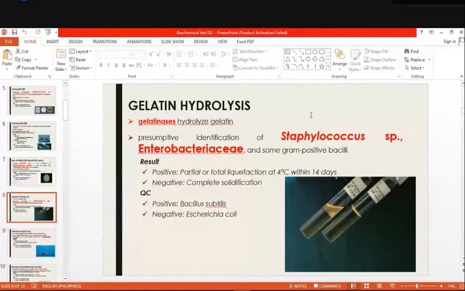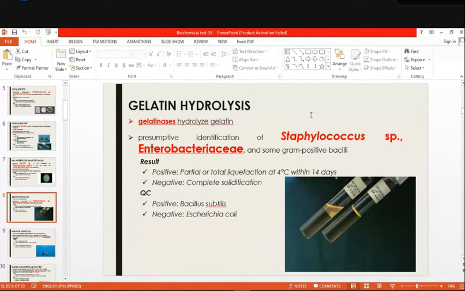You tilt the tubes to observe if gelatin has been hydrolyzed. If gelatinase is present, the gelatin will liquefy. A positive result is partial or total liquefaction at 4 degrees centigrade within 14 days.